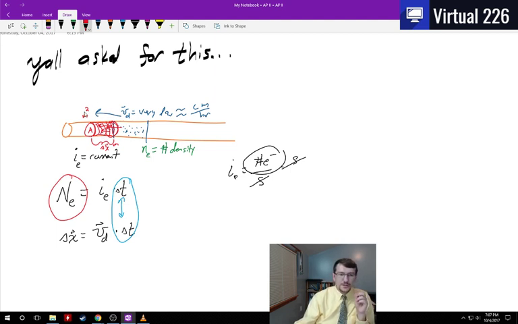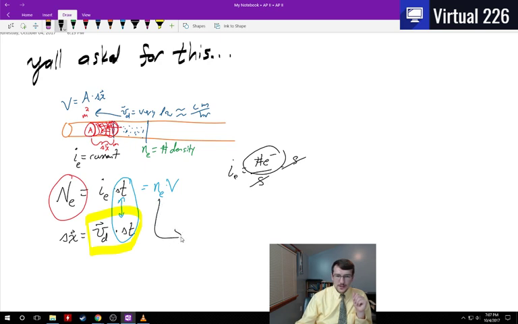And that cylinder has some volume, and this is the number density of our electrons in that volume. So since the volume of this entire setup is cross-sectional area times delta x, the total number of electrons here is equal to the number density times a volume, which is A delta x, and I can relate delta x to this down here.